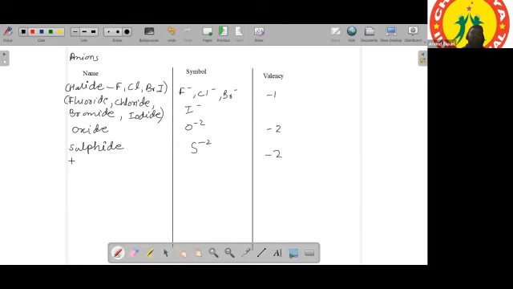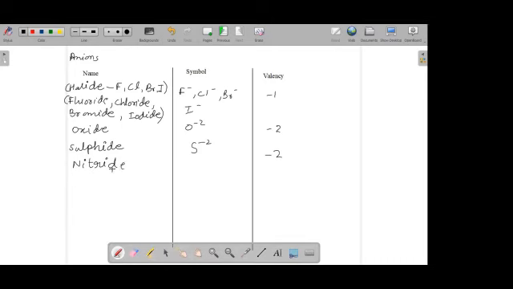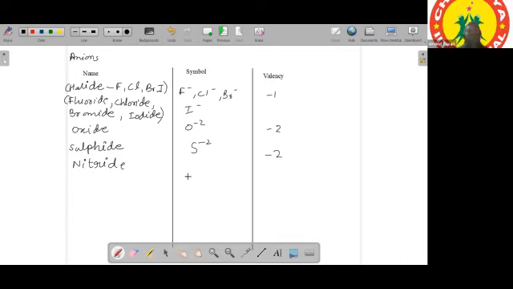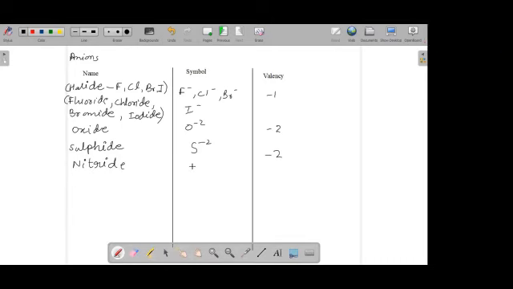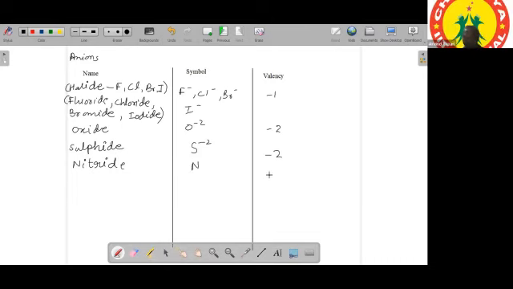Then what about the nitride ion? Sir, is it 3? Yes. What's the symbol? Symbol is N, and valency -3.